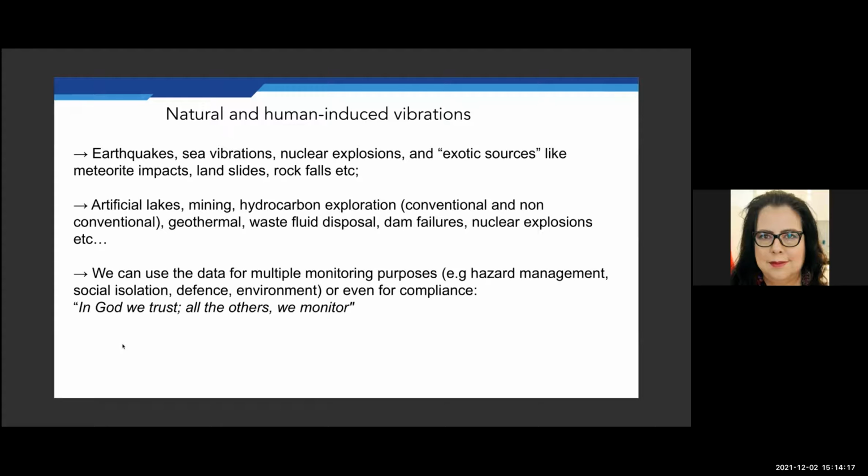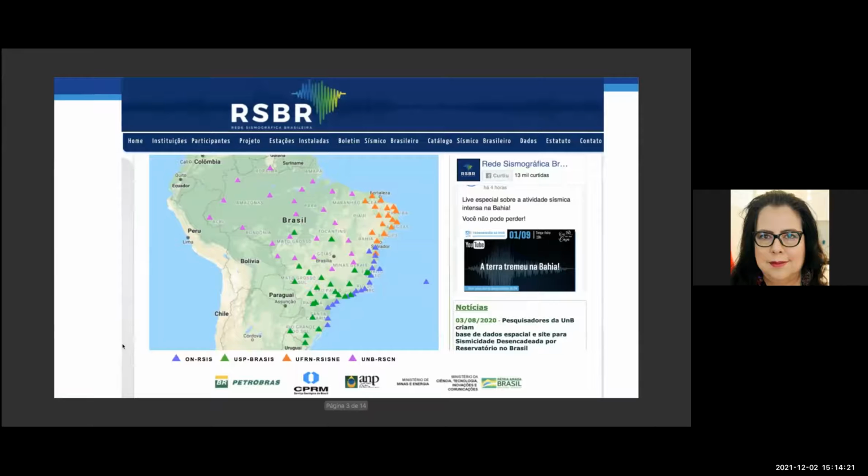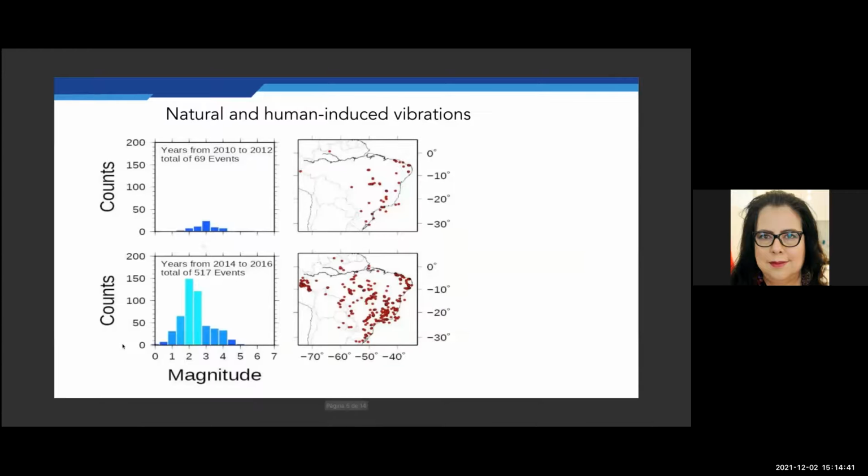Basically, if you have such a network, you can start to detect vibrations which may be associated with natural earthquakes. And this is important too, because if you have good monitoring of earthquakes, you can run statistical models in certain areas to assess the hazard associated with those seismic events.